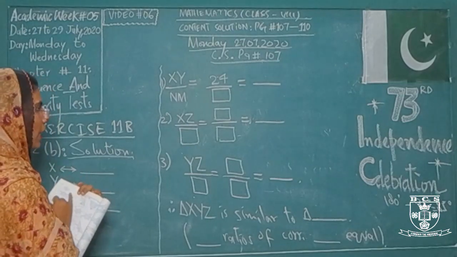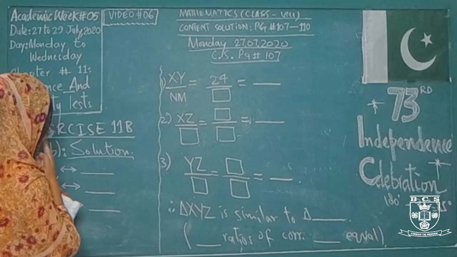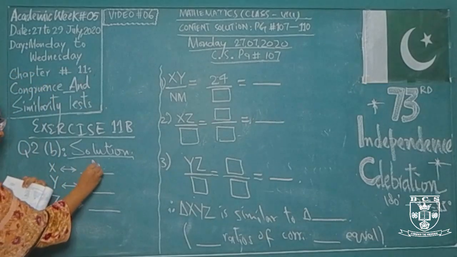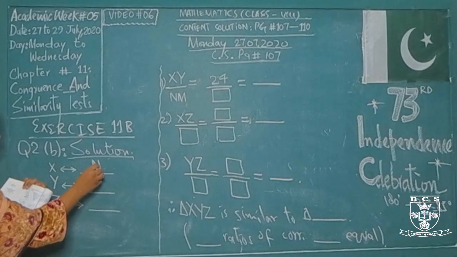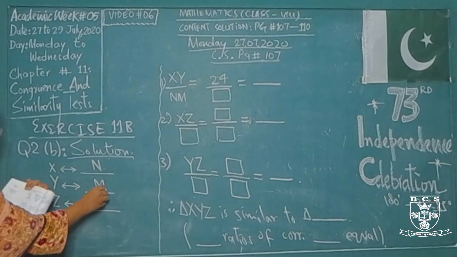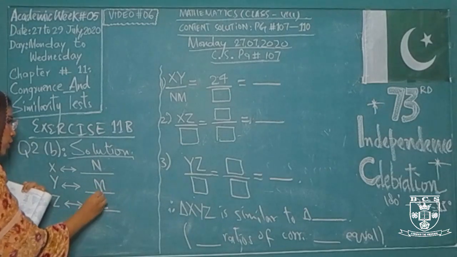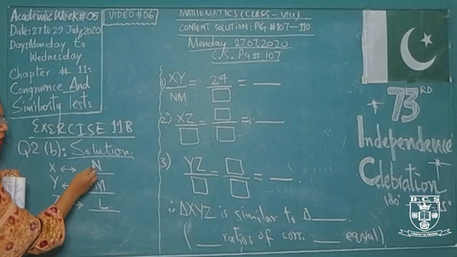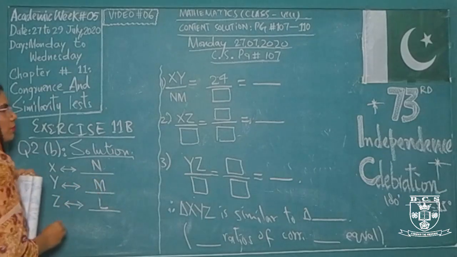The first triangle is the reflectionary image of your second triangle, so accordingly we are mentioning the corresponding points. X corresponds to N, Y corresponds to M, and Z corresponds to L. So the first triangle is XYZ, and the second triangle is NML.